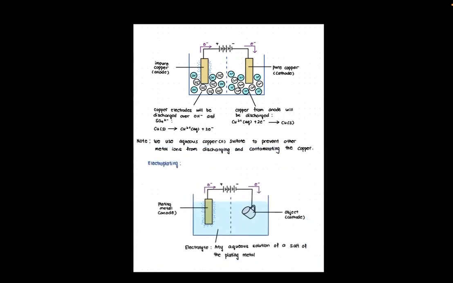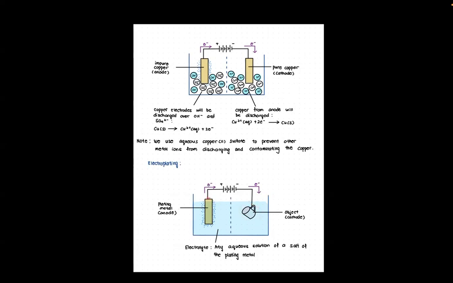Electroplating is when we want to cover an object with metal, maybe to prevent rusting. We use copper because copper cannot really rust; it can't really react with oxygen and water to rust. So in this case, maybe we want to plate this mug here with copper.